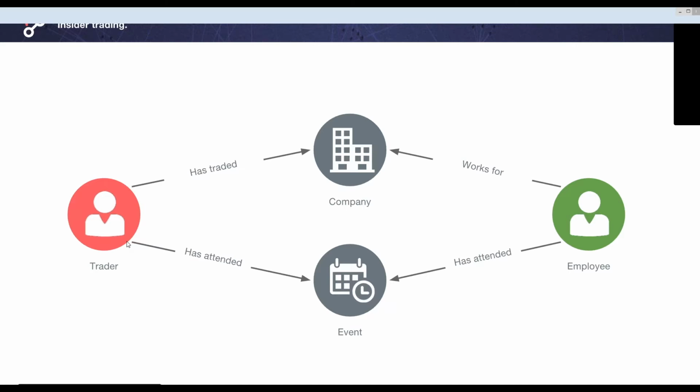So that could be a cause for suspicion and a potential proof of insider trading. So in all these cases, we have financial crime, and using graph technologies like Linkurious helps spot these crimes.